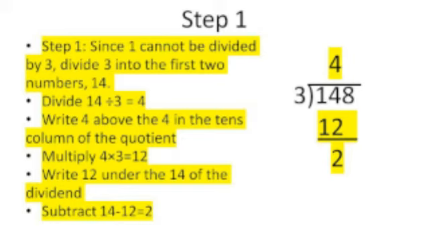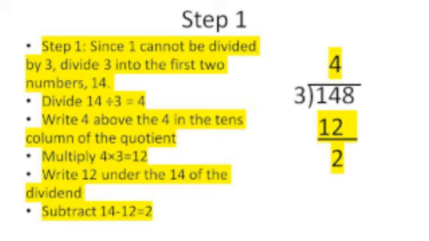The next step is going to be to multiply 3 times 4, and that's going to give us 12. We're going to place that 12 underneath the 14. And our final step, contained in this step, will be to subtract 12 from 14, and that's going to give us 2.